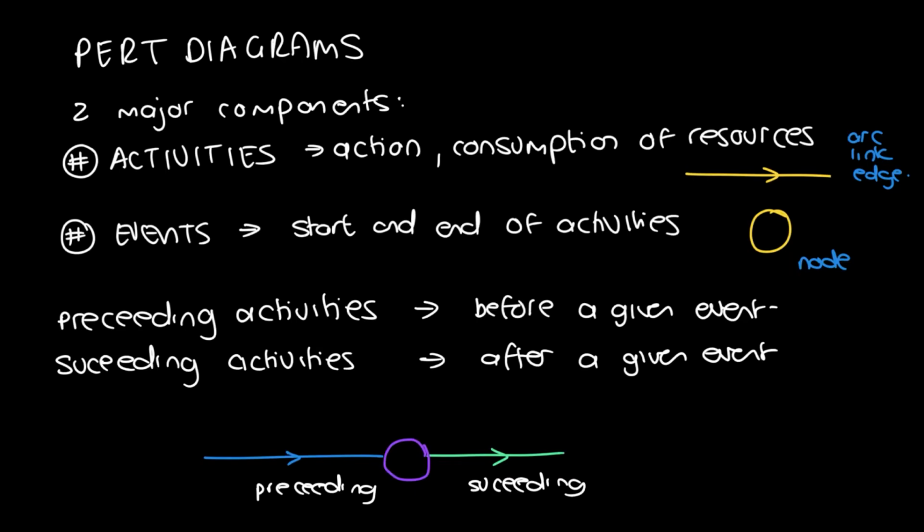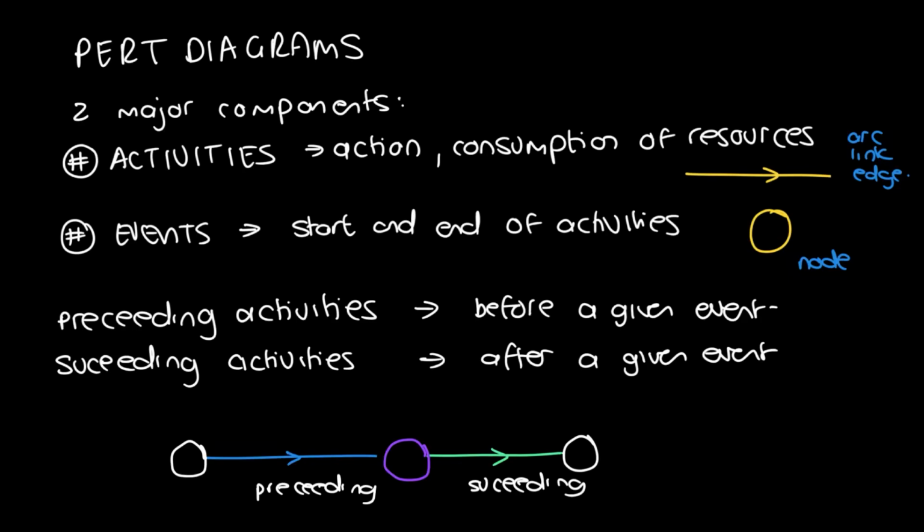So this is just going to help us perform our structure and our order, because the arrows are going to show where it's going to. So in this case, we have an event. And by the way, whenever you have an activity, there'll be nodes at the beginning and end of them. No matter what, there'll be a node at the beginning and a node at the end to notify you of the end of the activity and the start of the activity. But the words preceding and succeeding are going to help just indicate the order that these activities are going to need to be placed in.